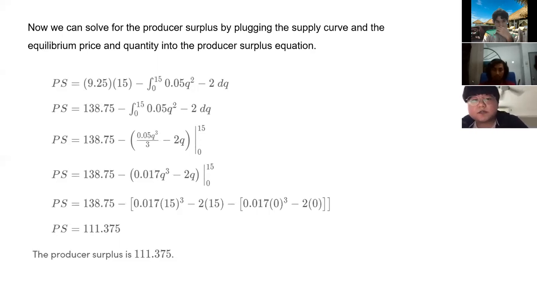So we can solve PS equals 111.1375. So the producer surplus is 111.1375.